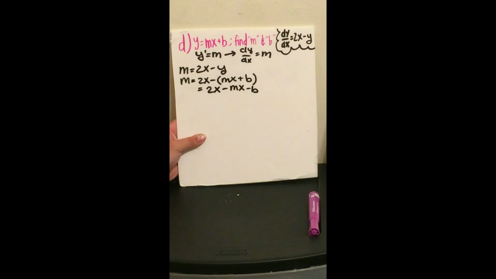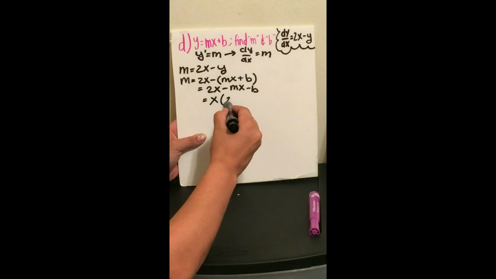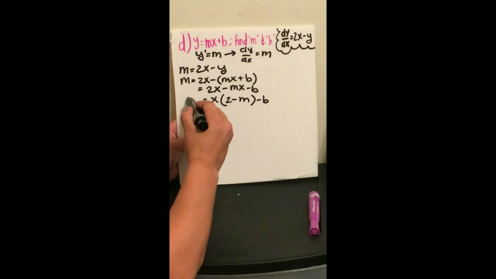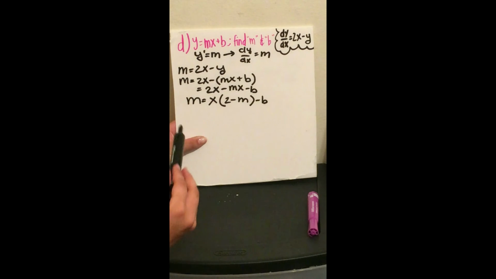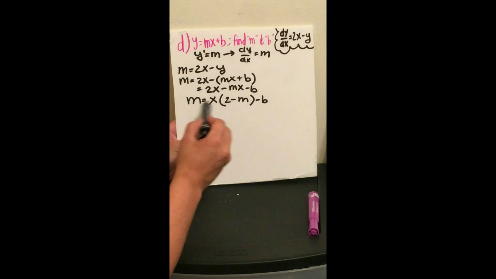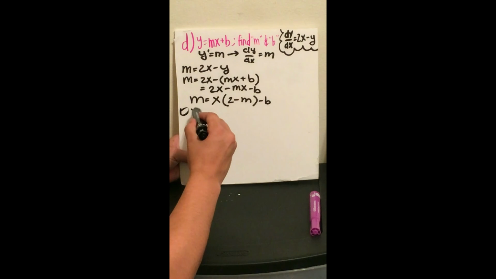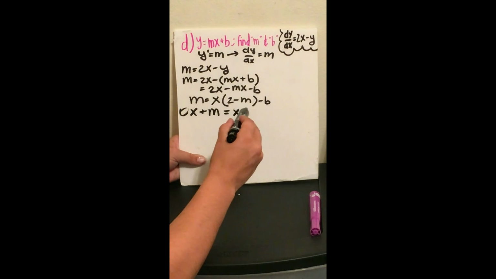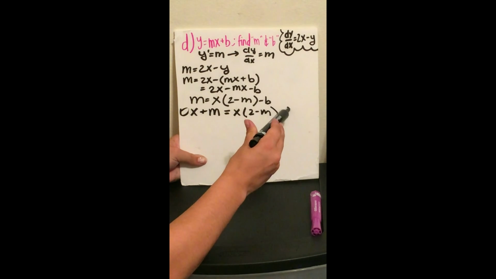I'd factor out an x: (2 minus m)x minus b. We can set this all equal to m. Now, to make this side look like this side, we can write 0x plus m is equal to x(2 minus m) minus b.